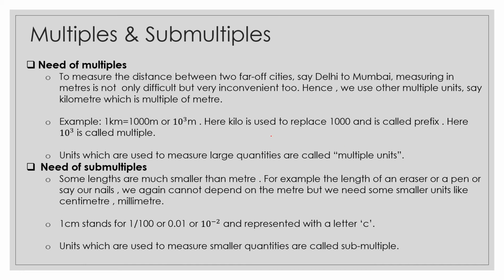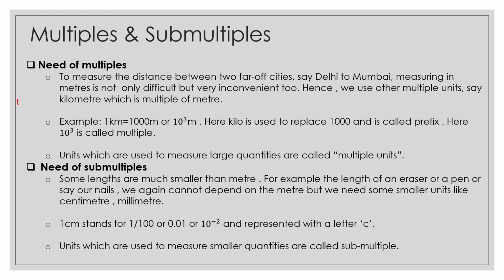Multiples and submultiples. Need of multiples. To measure the distance between two far-off cities, say Delhi to Mumbai, measuring in meters is not only difficult but very inconvenient too. Hence we use other multiple units. Say the kilometer is a multiple of the meter. I'll give you this example.